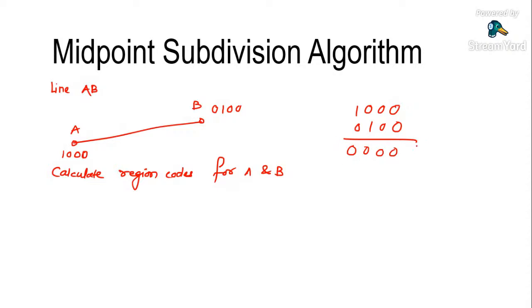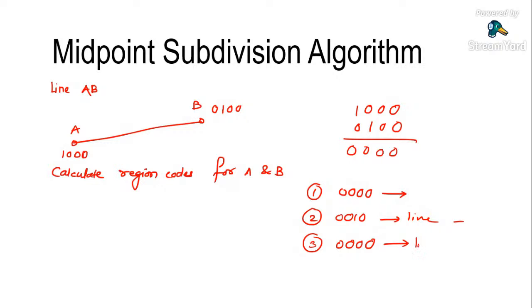If this AND is non-zero, it means that the line is completely outside. So there are 3 cases. First case: if the region codes are 0000, you accept the line as it is because the line is completely inside. Second case: if the AND is non-zero, then the line is totally outside, and you discard it. And in the third case, wherever the AND is 0000, the line is a clipping candidate.